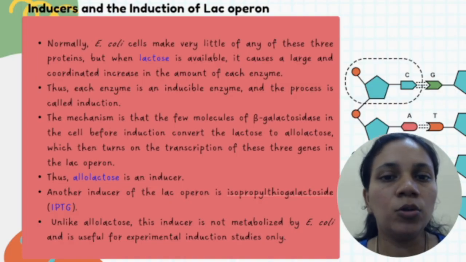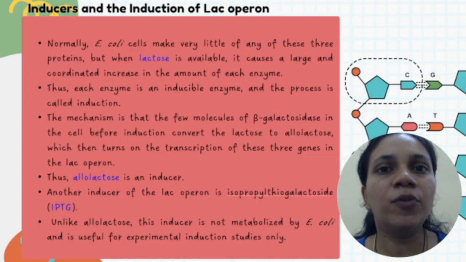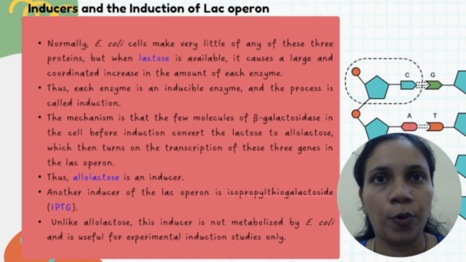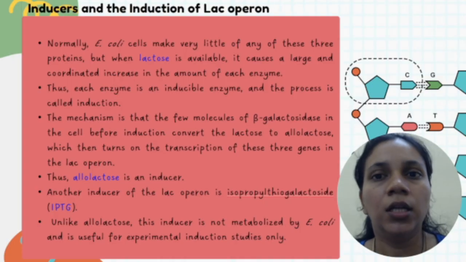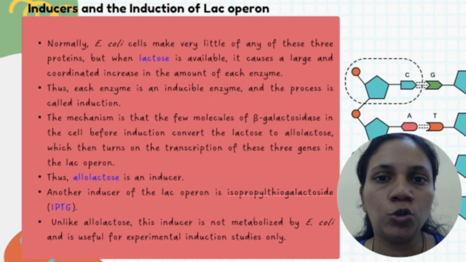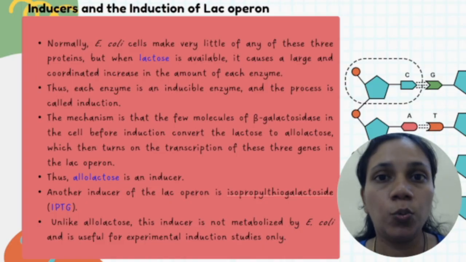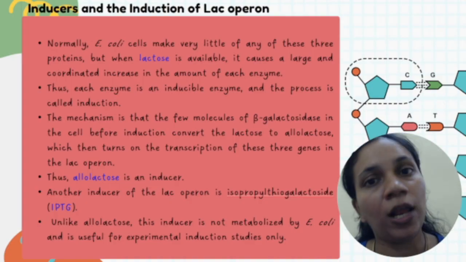Fine. Now here is how it works. Even before your induction, when this entire process is not on, the cell will have its own store of beta galactosidase enzyme, a little bit of it. We have already seen that beta galactosidase also converts lactose into allolactose.